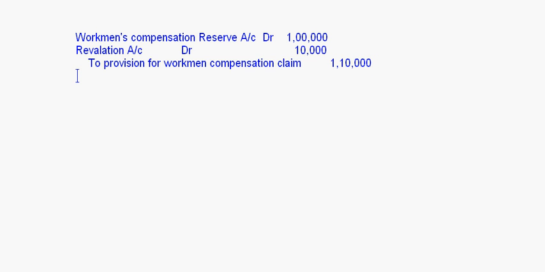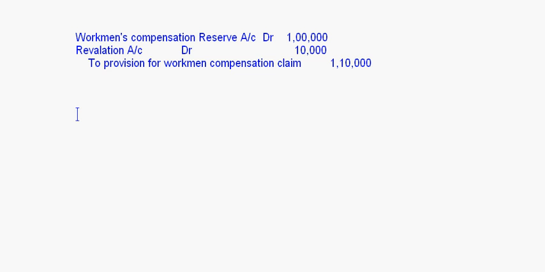Okay, so this goes from the revaluation account. Now this 10,000, and then here we will write to provision for Workmen compensation claim. This will be the whole amount. This is the provision which is to be set aside, right?